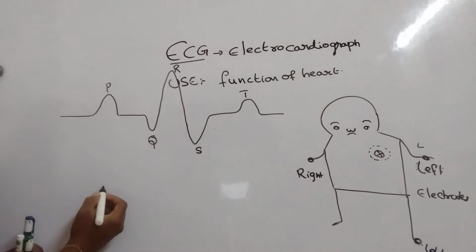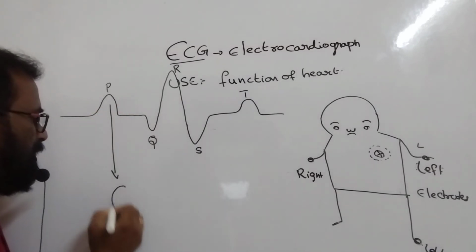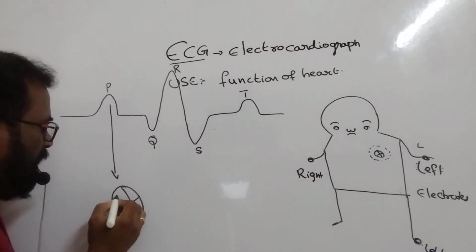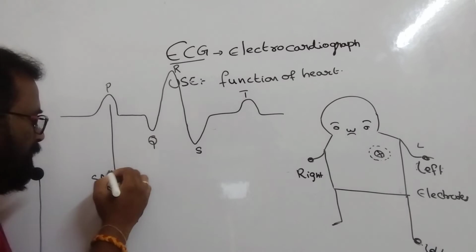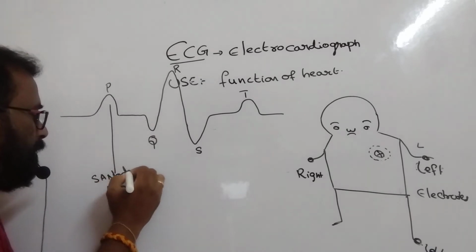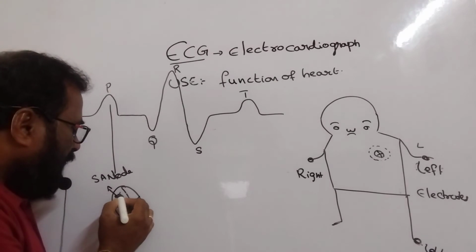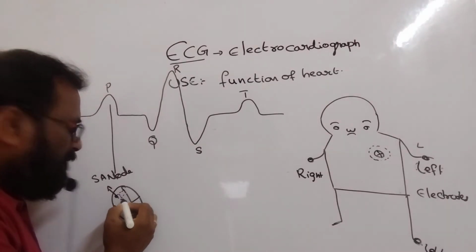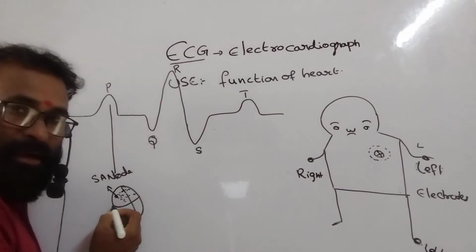Now let us go toward the explanation of the P wave. This is the heart. It is the SA node, the sinoatrial node. The sinoatrial node makes action potentials. Those action potentials are spread from one atrium to the other.